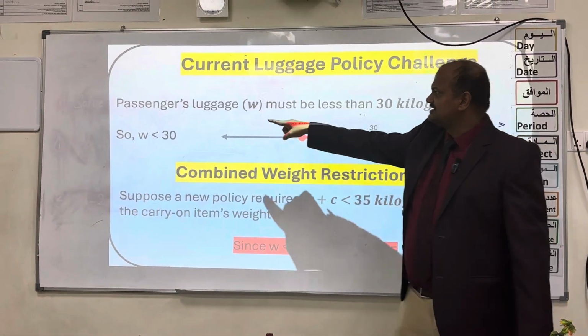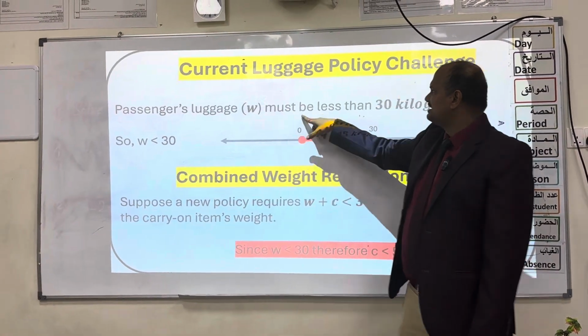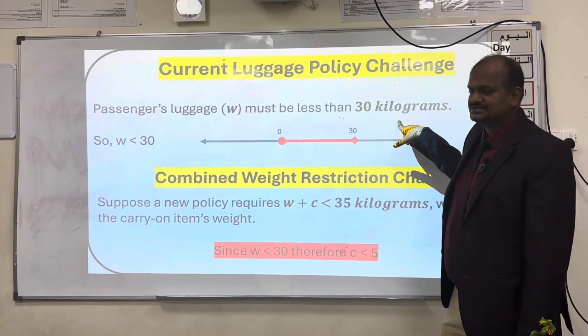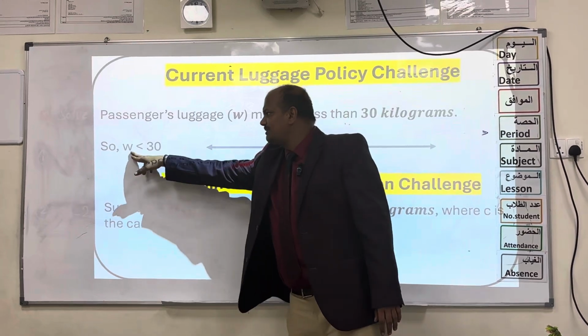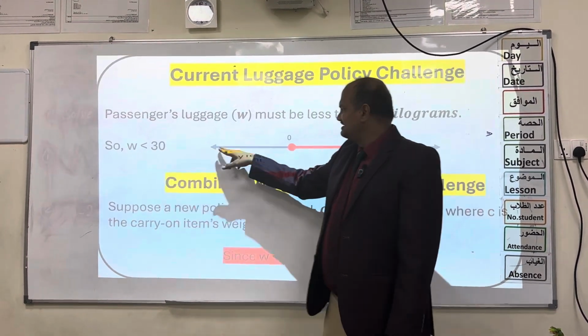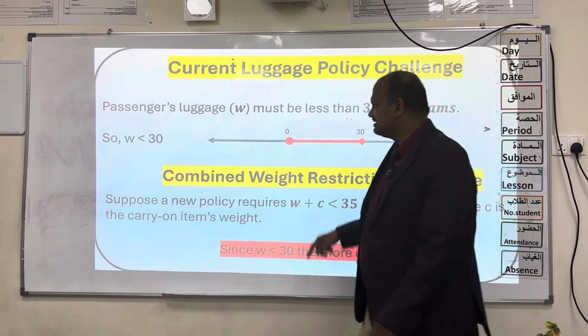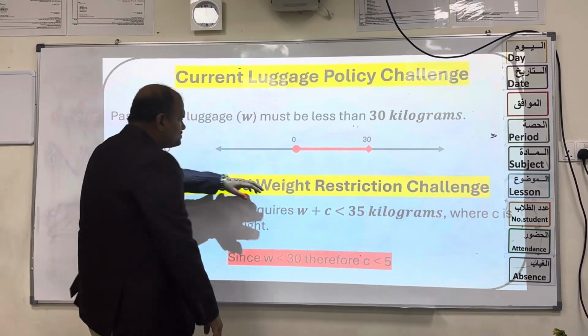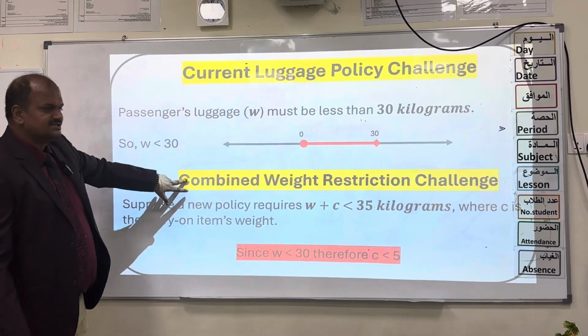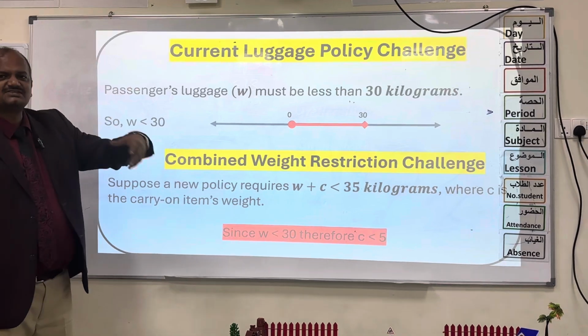Okay, now here you can see passenger's luggage W must be less than 30 kilograms. So this is the inequality, W less than 30, and this is the number line representing it. Now the combined weight restriction challenge. Combined means there is some extra luggage also.